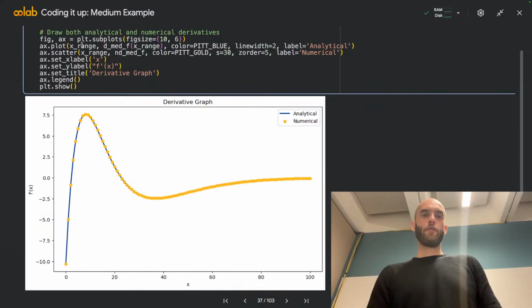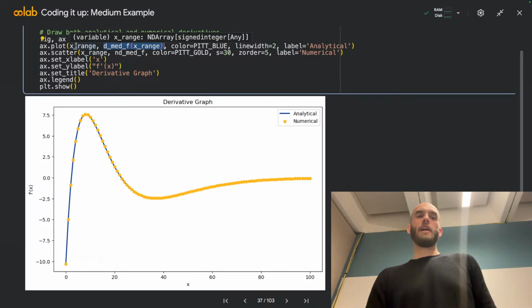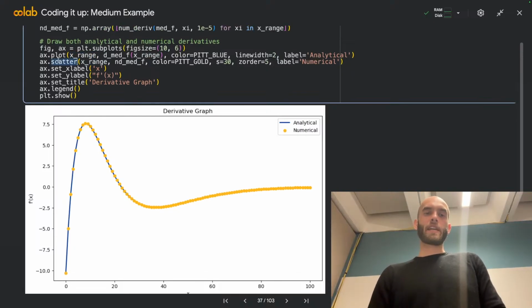And then all I'm going to do is plot this. First off, I have the analytical derivative. So I'm going to plot across this domain exactly what the analytical derivative looks like in blue. And then I'm just going to plot, using a scatter plot, each of the numerical derivatives that I've estimated.